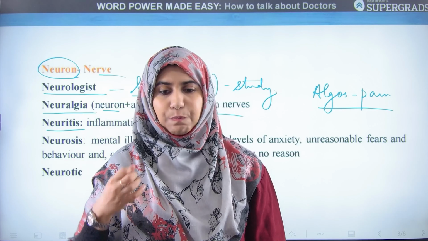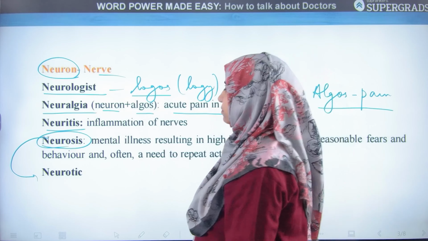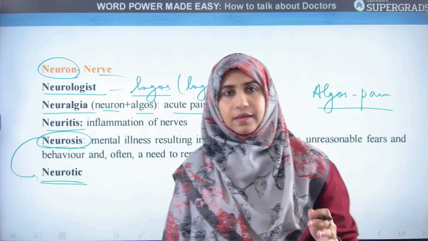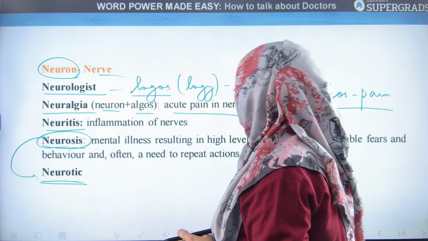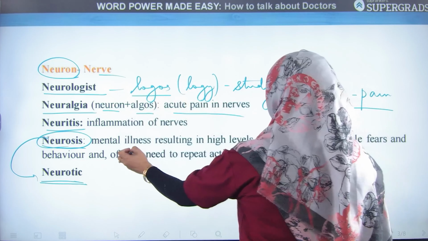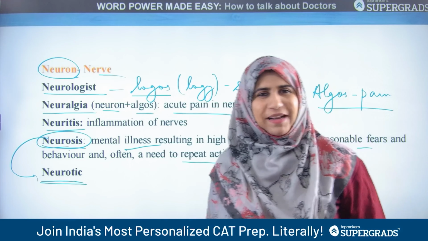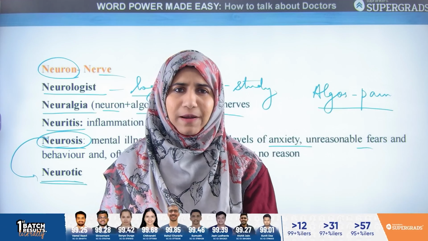That is neuritis. Neurosis, now a very important word, and a person who suffers from neurosis is neurotic. Fine. So neurosis is basically a medical condition. Fine. It's a kind of mental illness where a person would have a lot of anxiety and fear, right? And sometimes they tend to repeat their actions over and over without any rhyme or reason.